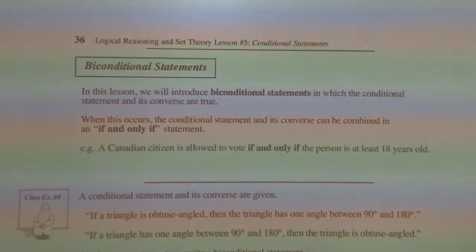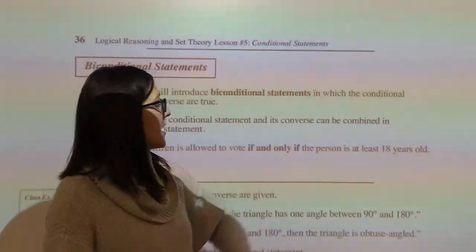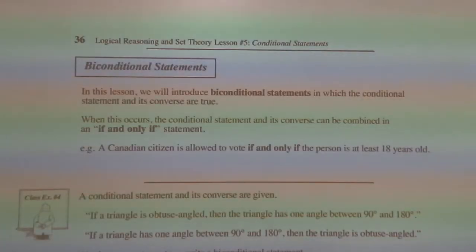If a Canadian citizen is 18 years of age, then they are allowed to vote. Both of those statements were true. So I could rewrite the statement saying a Canadian citizen is allowed to vote if and only if the person is at least 18 years of age or older. So I replace my if-then with an if and only if statement.